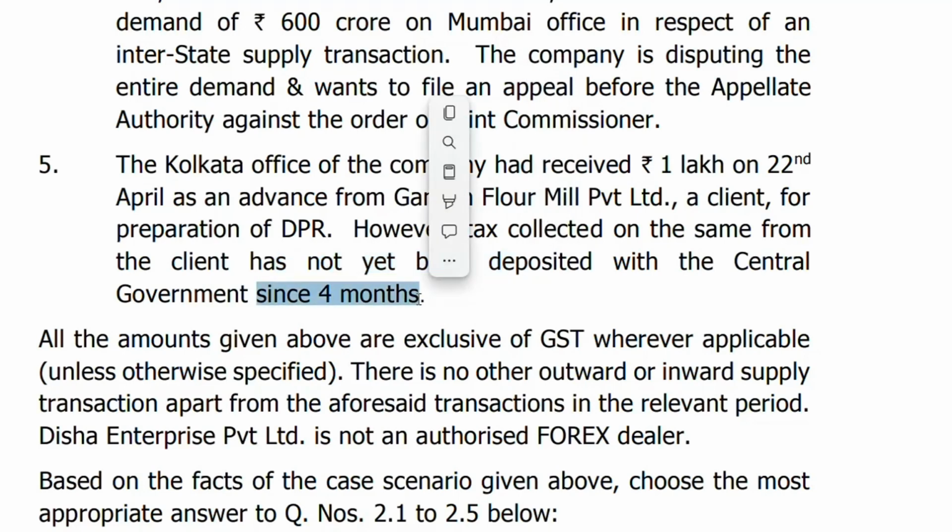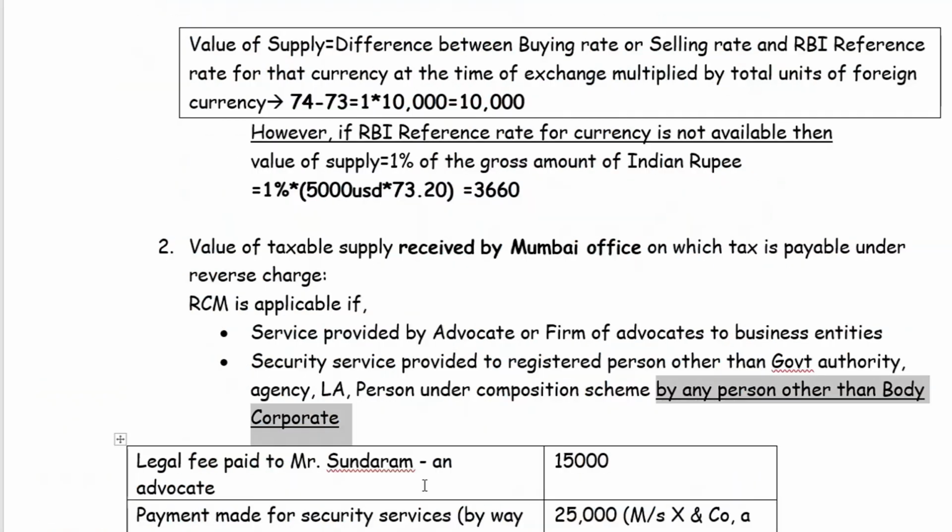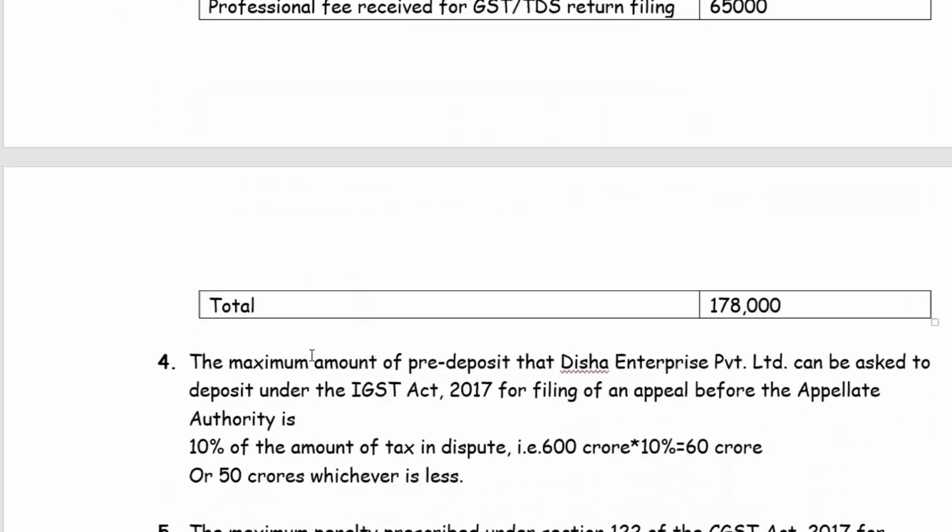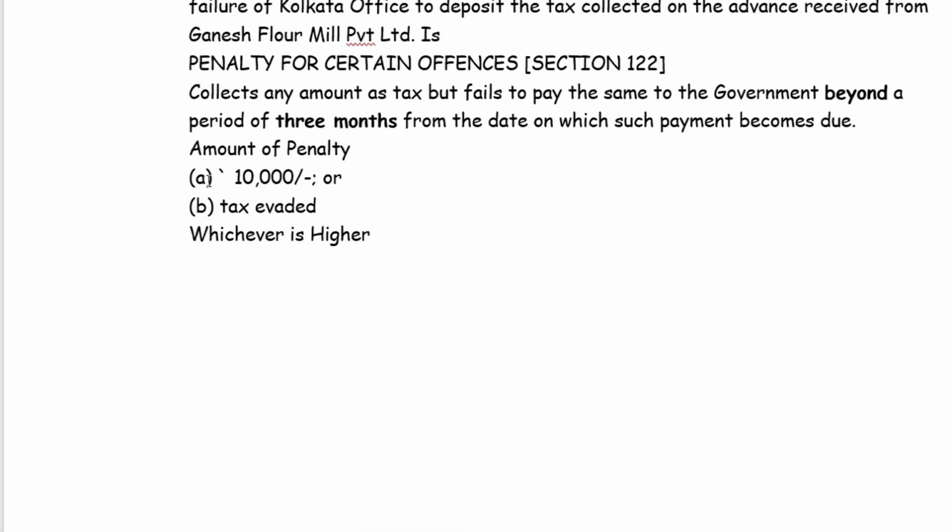If you remember in the penalty chapter, if you have not paid the tax beyond 3 months though you collected it, then section 122 is applicable. Section 122 gives us the amount of penalty, right? How much? That is 10,000 or tax evaded, whichever is higher.